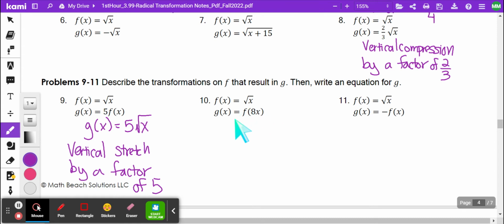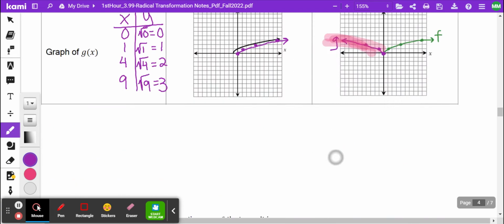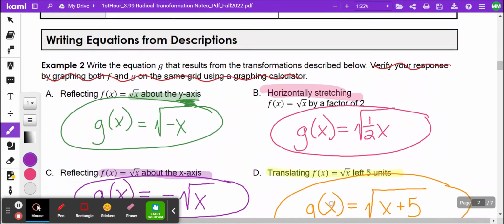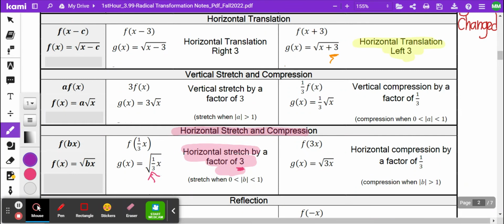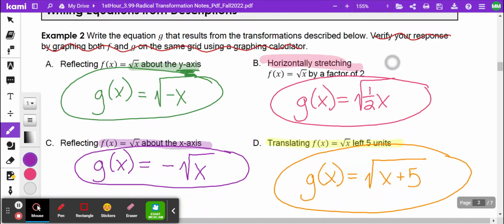Whereas in number 10, we have the value inside the function, so it's inside the parentheses. So when we look at that one, I want to make sure to go to the one that's inside the parentheses. So like this. So we're going to write it just like that, inside the square root.